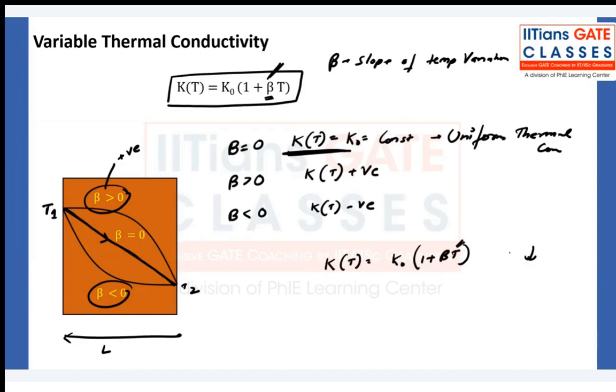So this is positive, this is negative. The combination of them will tell you if conductivity is increasing in the X direction, the L direction, whatever you want to call it. So it is not necessary that if beta is greater than 0, then K increases along L. The combination of them will tell you the value of beta and how much temperature is decreasing.